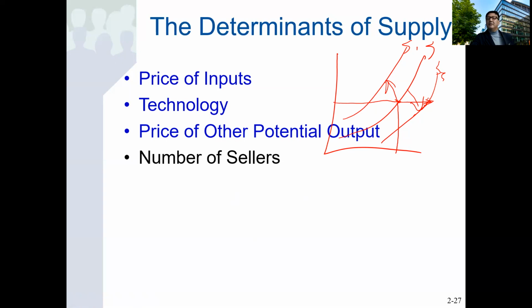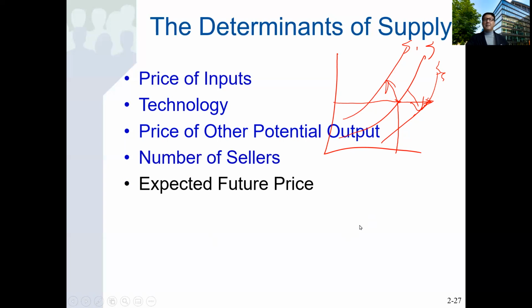There's a 7-Eleven, and there are other vendors on every corner selling orange juice during the hot summer. What's going to happen to the supply? The supply is going to increase, right? If the supply increases, what happens to the price? The price will eventually drop. So the determinant of supply is dependent upon the number of suppliers, or people who sell things.